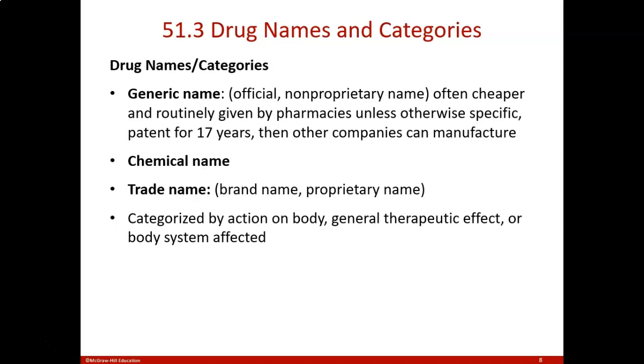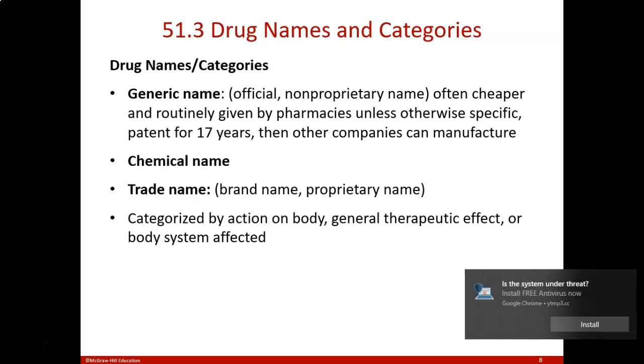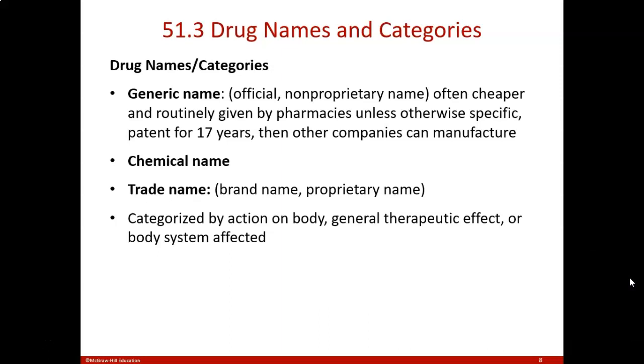Okay, so an example of a generic name is amoxicillin. But it's actually got a couple of different names, Amoxil, Proamox, and so there's a number of different names that other companies have come in and replicated it, and then they can sell it under a different name. And so prototypically, those trade names are more expensive than the generic.